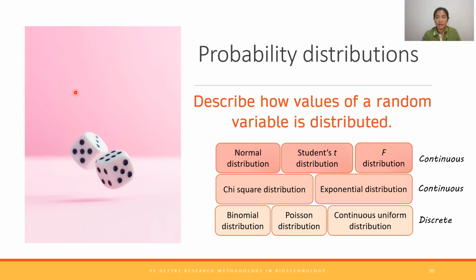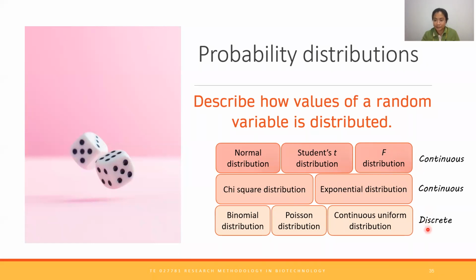Probability distribution is the way to describe how the values of a random variable are distributed. We talked about that a little bit already, whether it's a normal distribution, remember when we talked about skewness, whether it's right skewed or left skewed. So it's the shape of the population distribution. Probability distribution describes how the values of a random variable are distributed over the whole population.